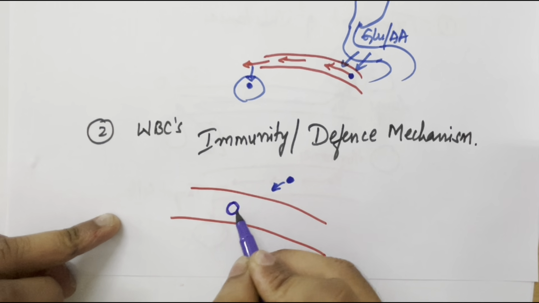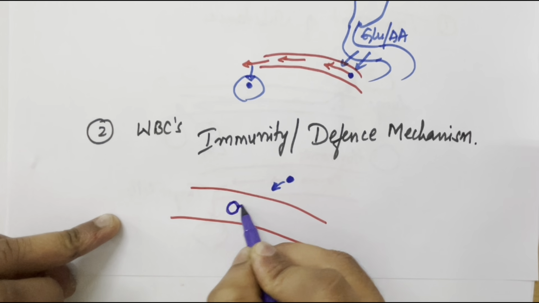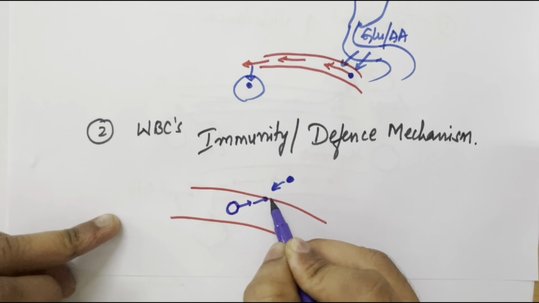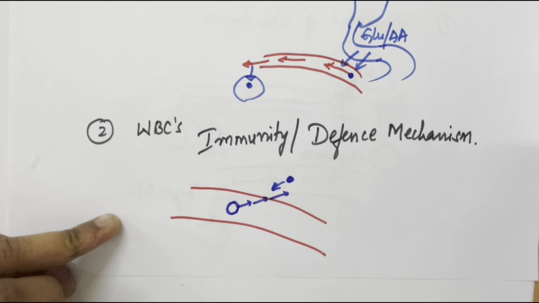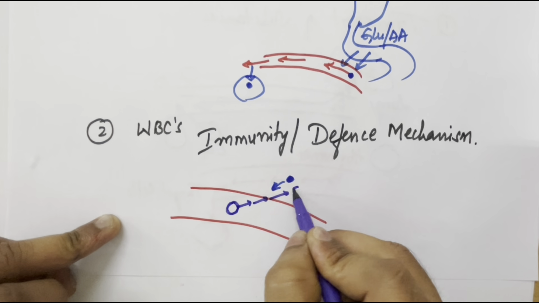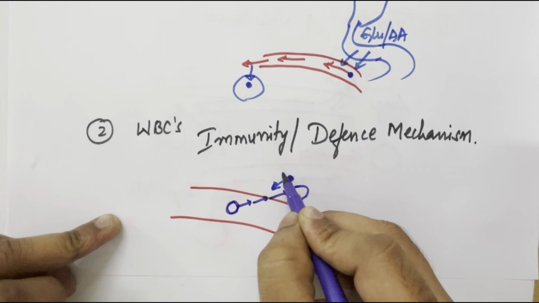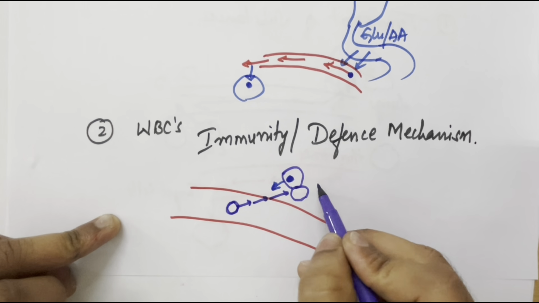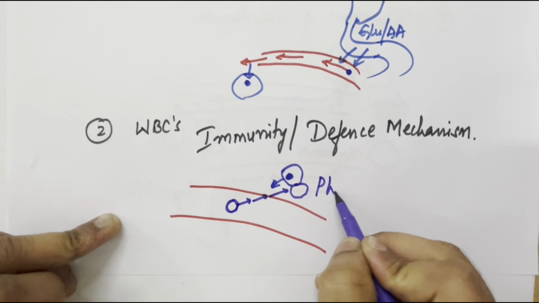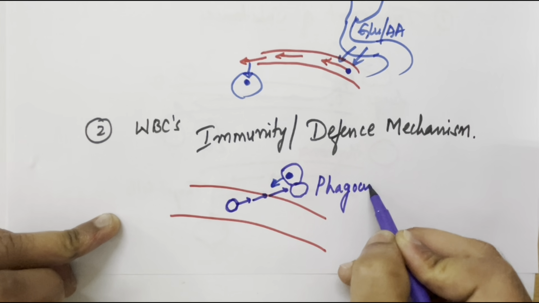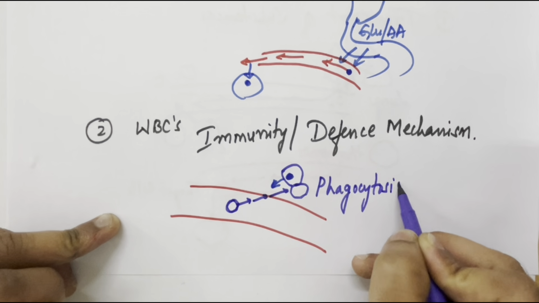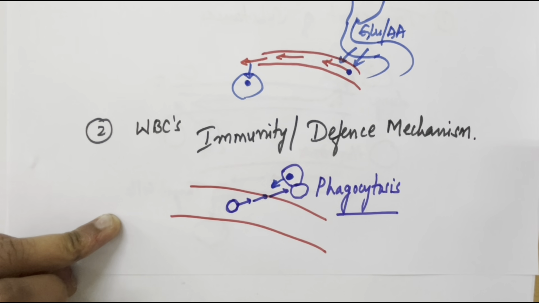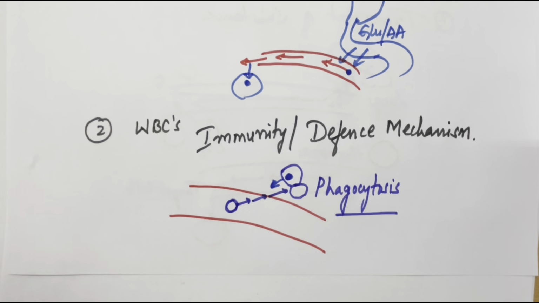This cell will recognize the pathogen and move out of the capillaries, and it can engulf the pathogen and cause phagocytosis of the disease causing microorganism or pathogen, killing it.